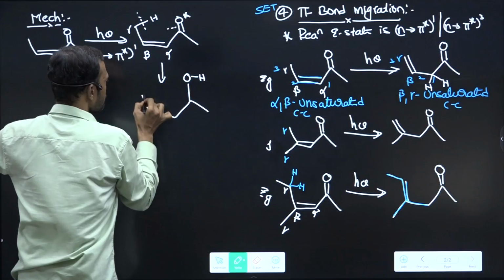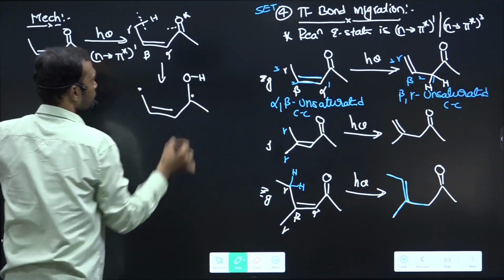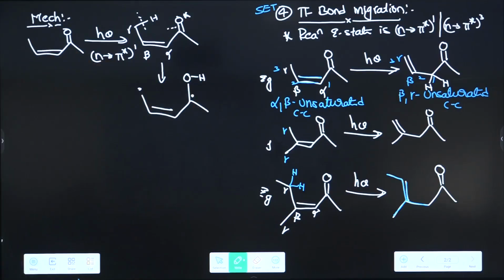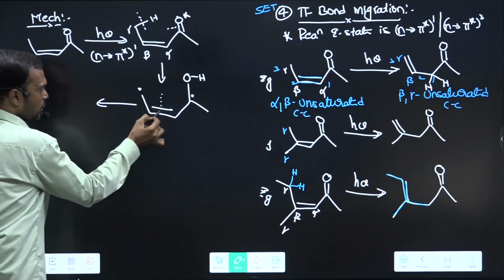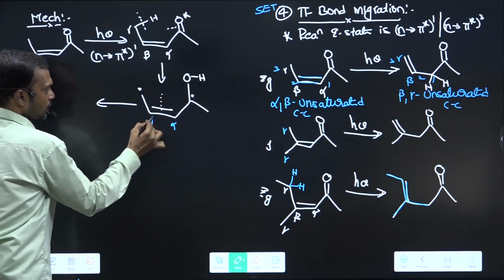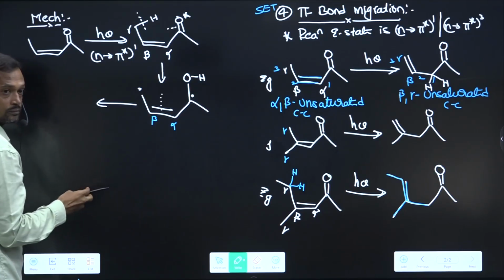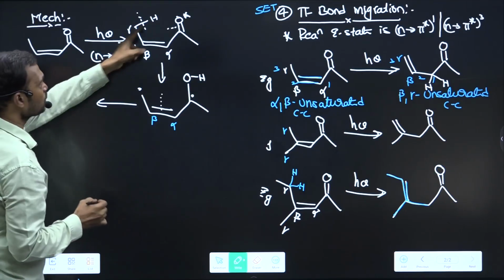Here this is OH and here a radical like this. Which hydrogen do I transfer to oxygen? Gamma. Now observe clearly, what is this bond? C alpha, C beta.